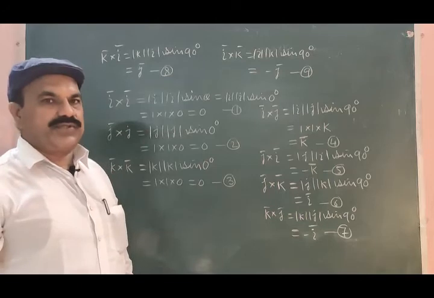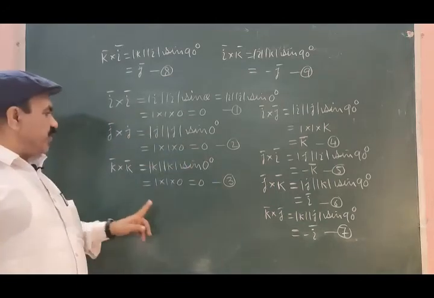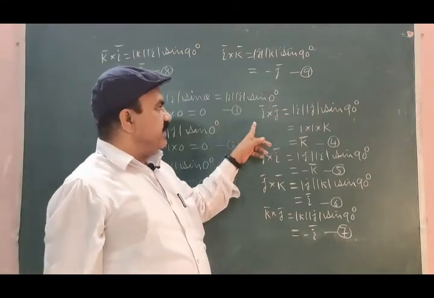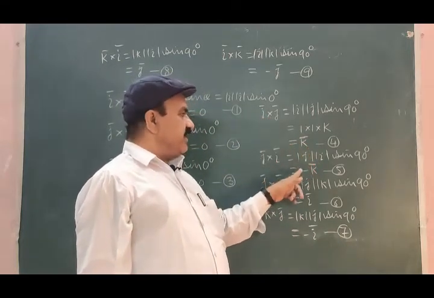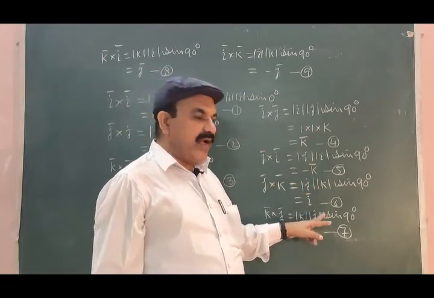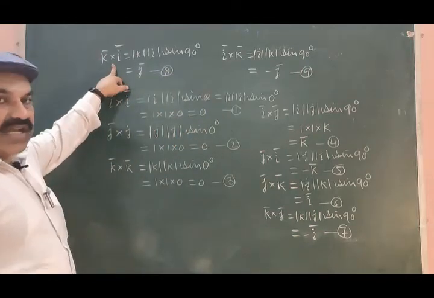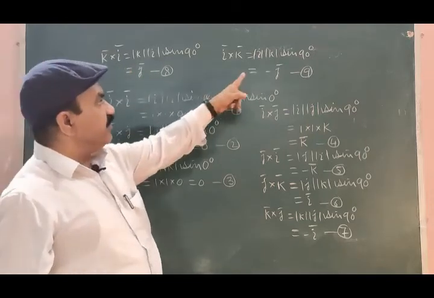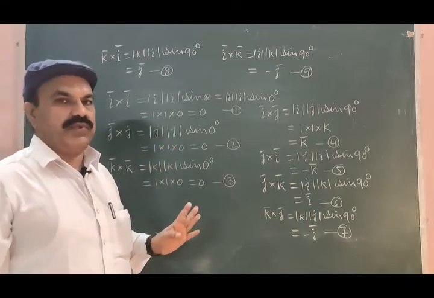These are the rules. First, i cross i is 0, j cross j is 0, k cross k is 0. i cross j is k, opposite of this minus k. j cross k is i, opposite of this minus i. k cross i is j, opposite of this minus j. So we must remember these rules.